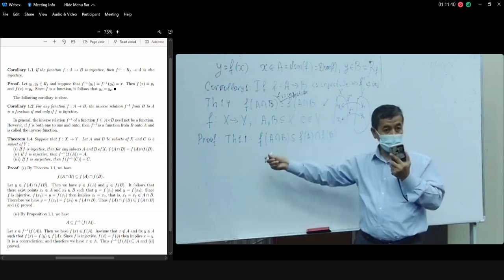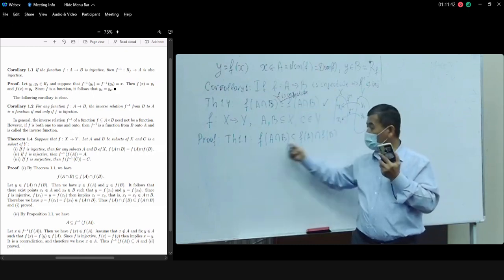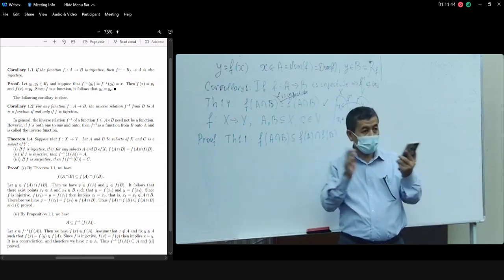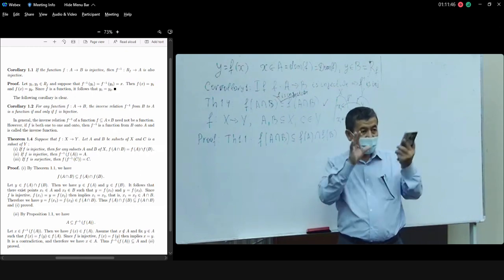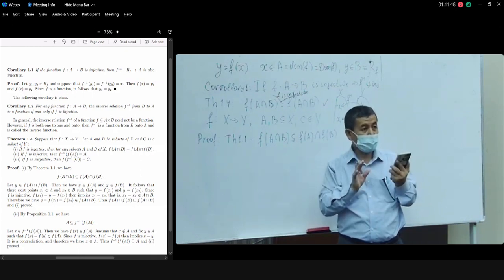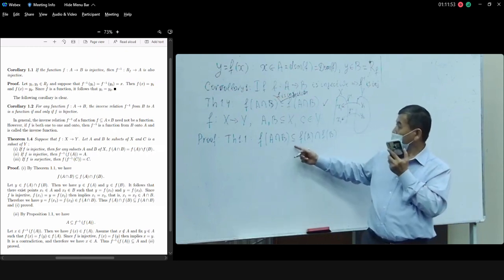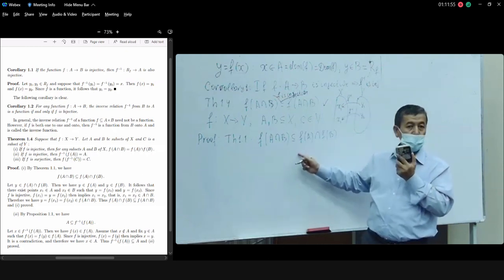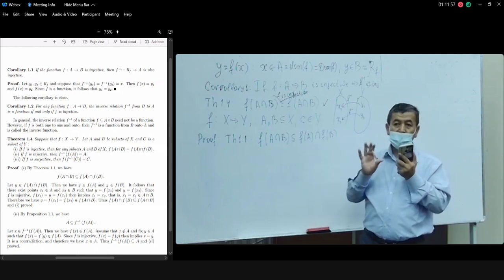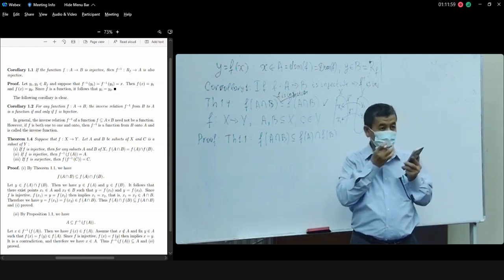But the opposite we couldn't prove. So we say that this inclusion for any function is correct.